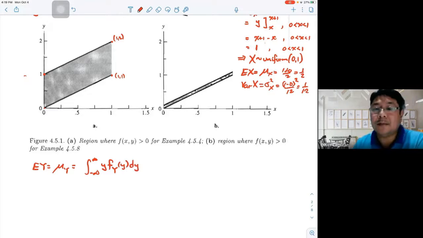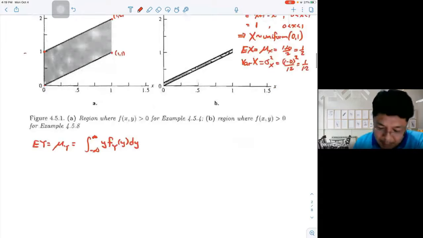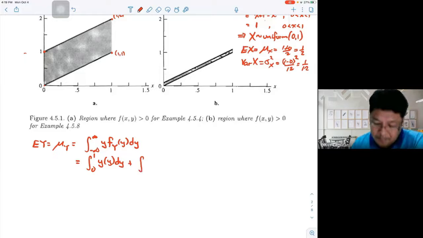Using our marginal distribution of y, from 0 to 1 we have y times y dy, plus from 1 to 2 we have y times (2 minus y) dy.